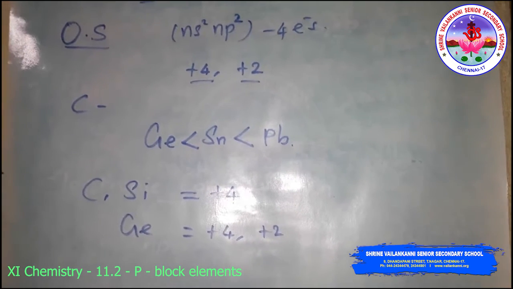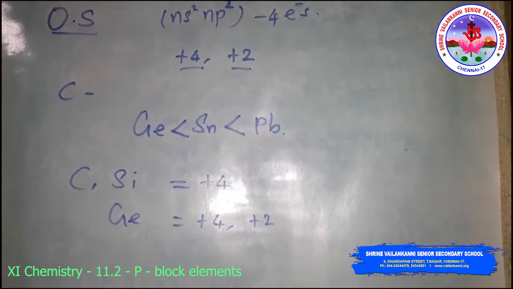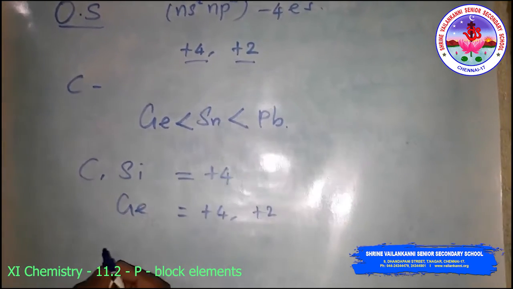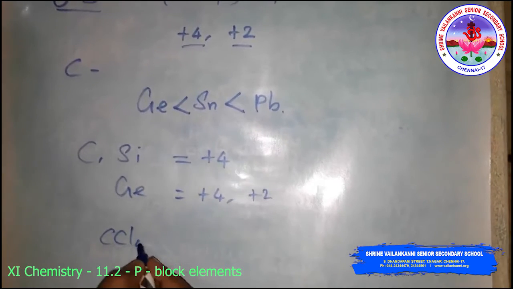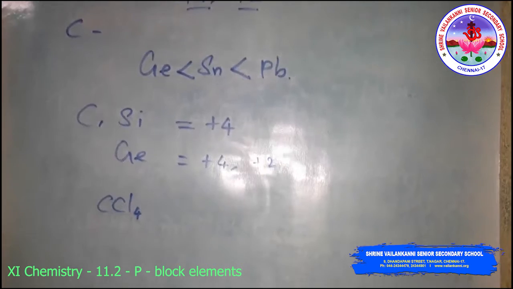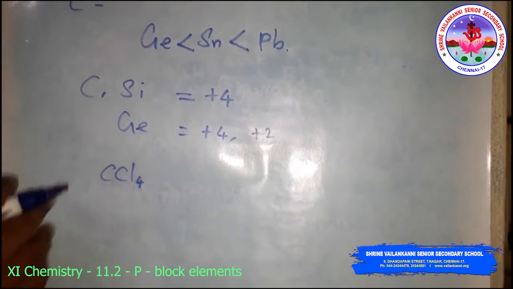So in a tetravalent state, the number of electrons around the central atom in the molecule, for example carbon tetrachloride, is 8.